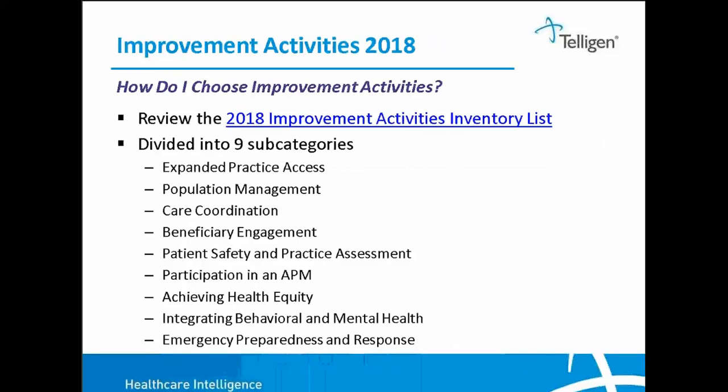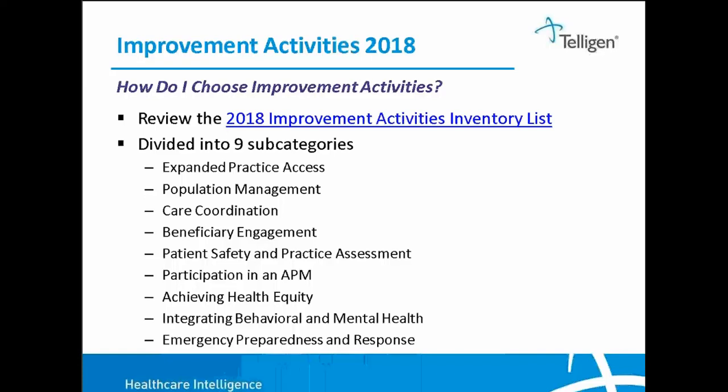So how do you choose improvement activities? This is a question Sandy and I got a lot last year because it was new. And so first off, we would recommend that you review the 2018 Improvement Activities Inventory List. And this is a link that will be available that is also under the resources page on the CMS website.